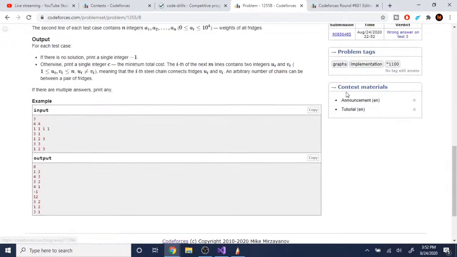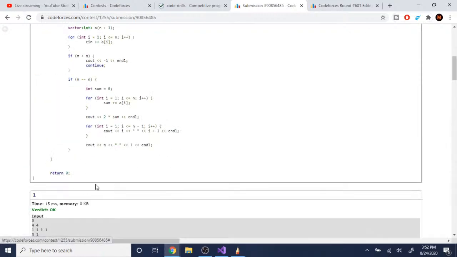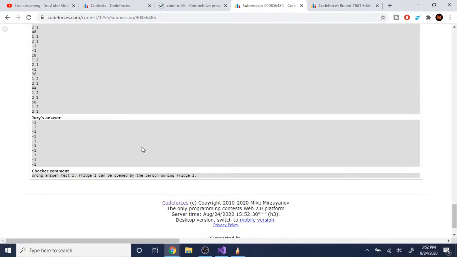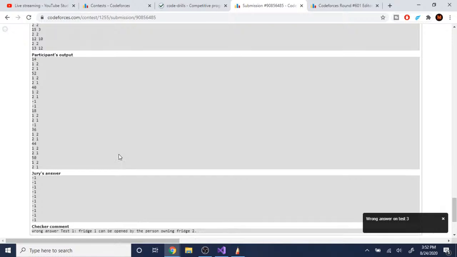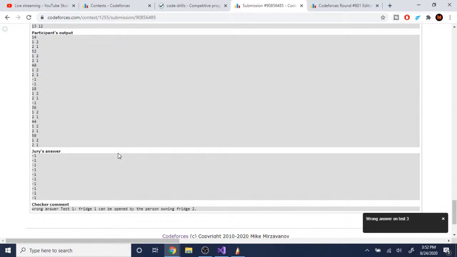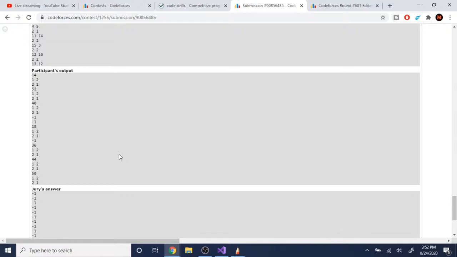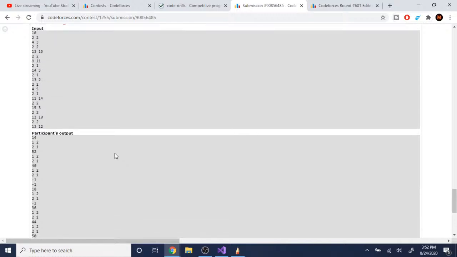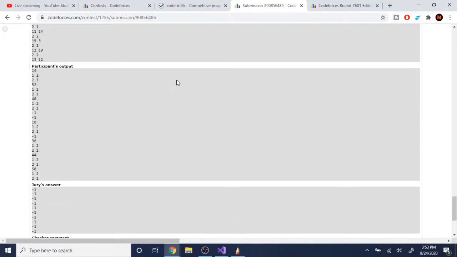If -1, -1, -1, -1, -1. N is equal to 2. 1, 2, 3, 4, 2, 2. 1, 2, 2, 1.